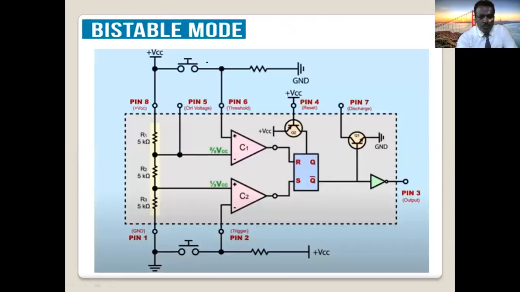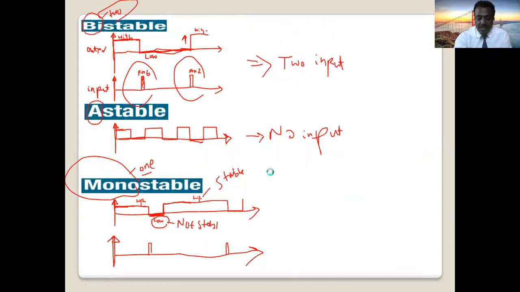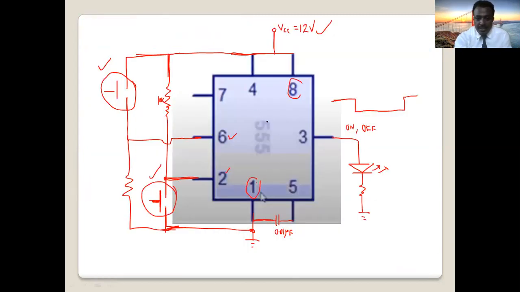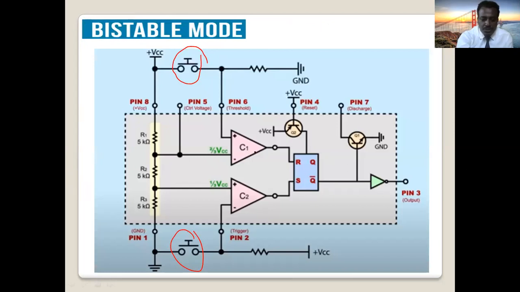So let's see how it works. How many switches? One switch here, another switch here. Look here, it shows you the internal circuit of a timer. In this case, I didn't show you the internal structure of this timer, but here it showed the internal structure.